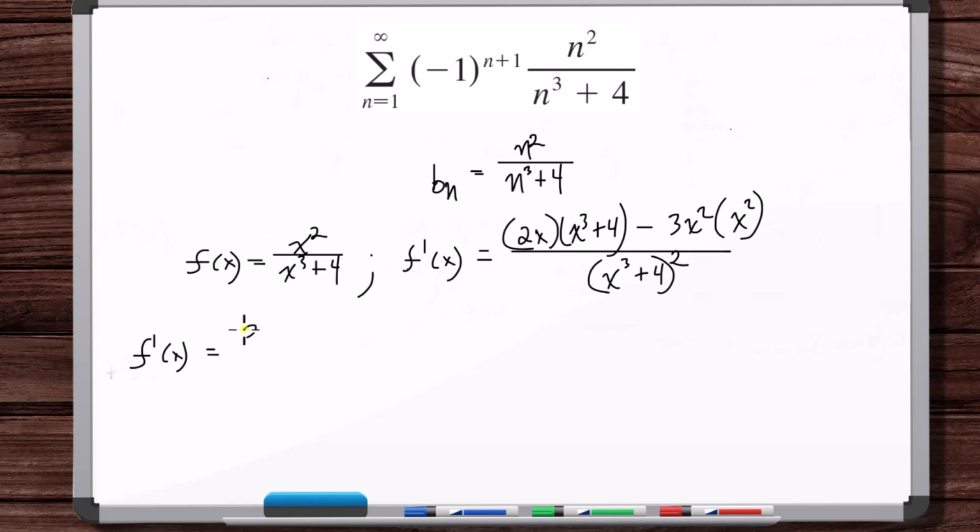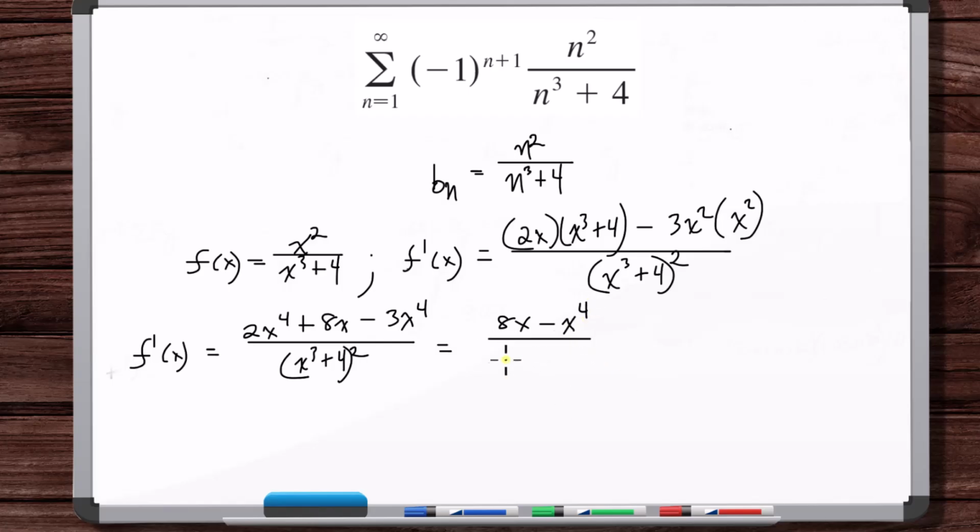So we've got 2x to the fourth plus 8x minus 3x to the fourth. 2x to the fourth minus 3x to the fourth is minus, so 8x minus x to the fourth. When does this equal 0? So 8x minus x to the fourth is equal to 0. We factor out an x. Let's factor out a minus x.